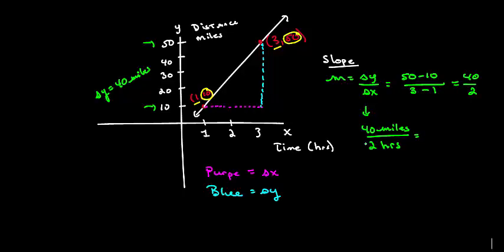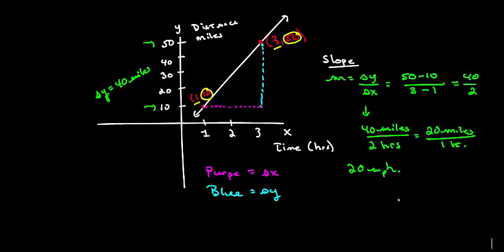So what this tells us is during that time period, we traveled 40 miles in 2 hours. Or if we simplify, we traveled 20 miles in 1 hour. Or you can think about that as our average speed was 20 miles per hour. That's how fast we biked. So in 1 hour we biked 20 miles, and the next hour we averaged 20 miles.